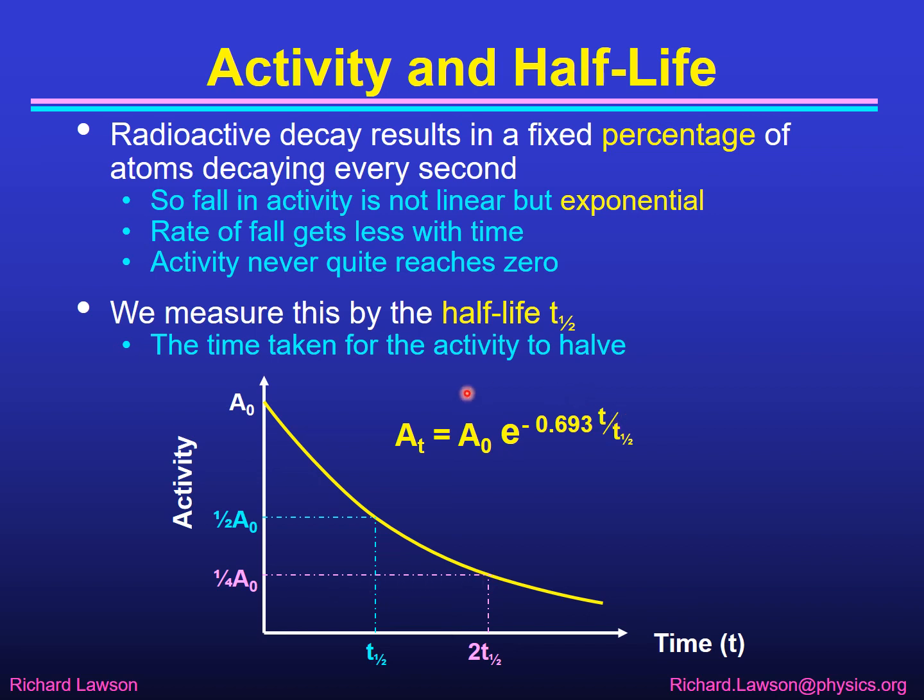You get that by putting that into the equation, or by saying, well, it started off here at a half A0, and after another half-life it will halve again to a quarter, and clearly after 3 half-lives it halves again. Here it halved to an eighth, and so on. So that's what we mean by half-life, the time it takes for the activity to fall by a half.